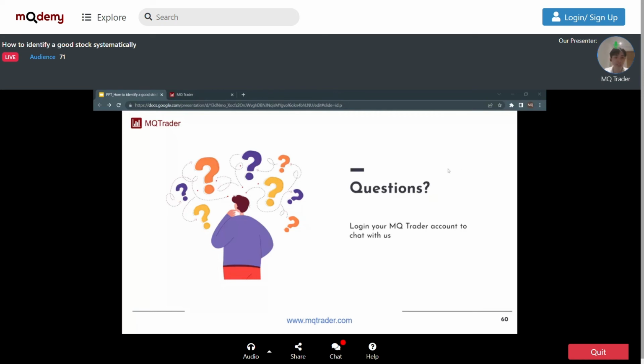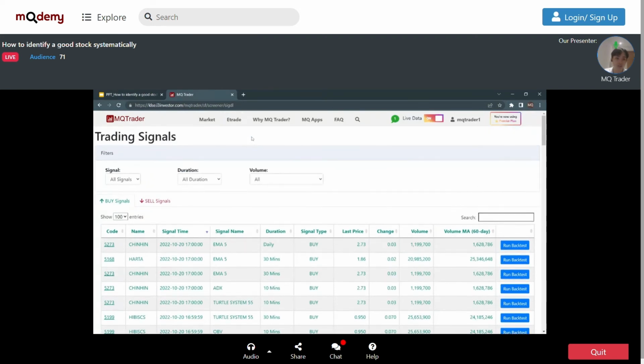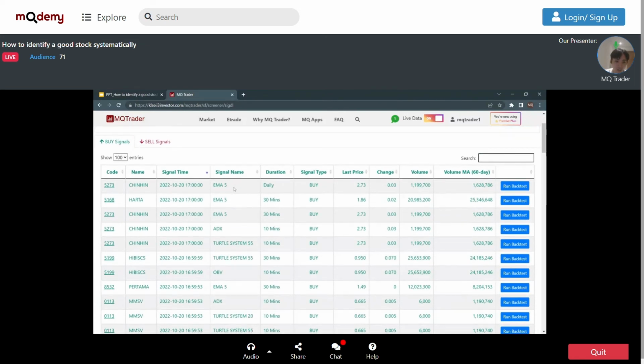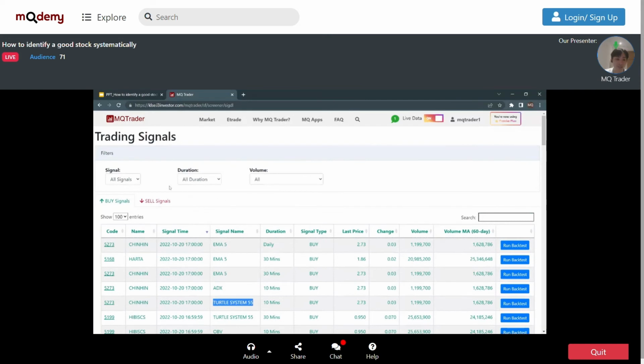Okay, for indicators, now we go back to our system. From our system, you come to screener right here. You can use our daily trading signals screener. This part is our screener that has screened through all the stocks that have generated a trading signal. Like for this one, it was generated by EMA5, or this one is the Turtle system that we use a lot this evening.